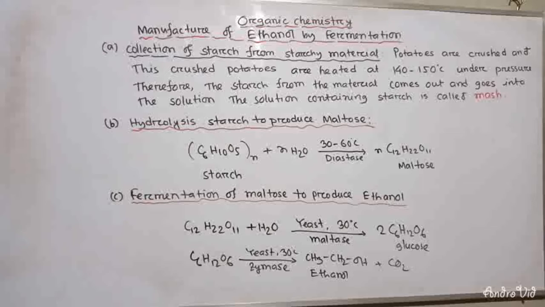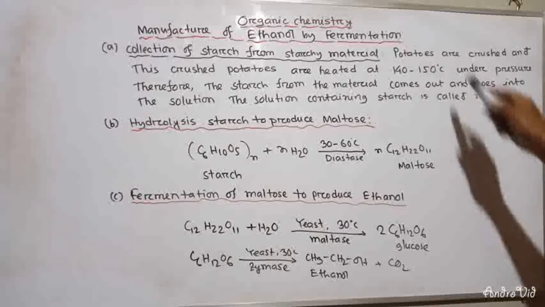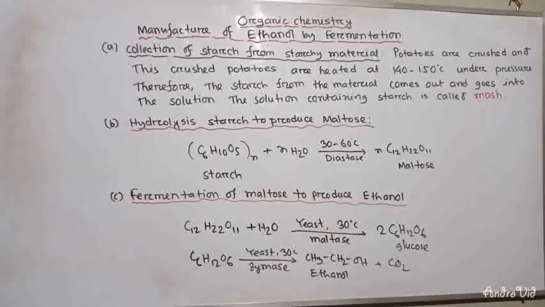If you want to collect starch from starchy material, you have to crush these potatoes first. Then you have to heat these crushed potatoes at 140 to 150 degrees Celsius under pressure. We know there must be starch in the starchy material.